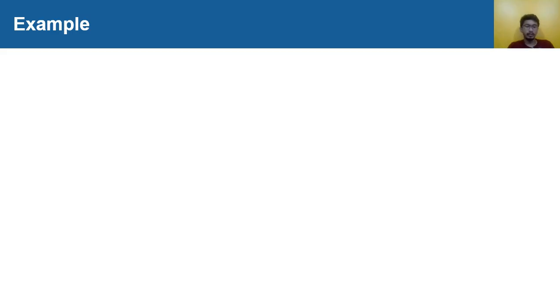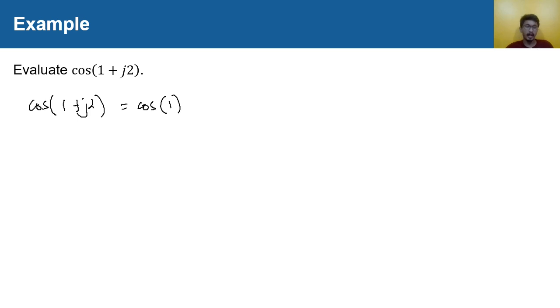Example, evaluate cosine of 1 plus j2. From our formula, cosine of 1 plus j2 is equal to cosine of 1 times hyperbolic cosine of 2, minus j sine of 1 times hyperbolic sine of 2.